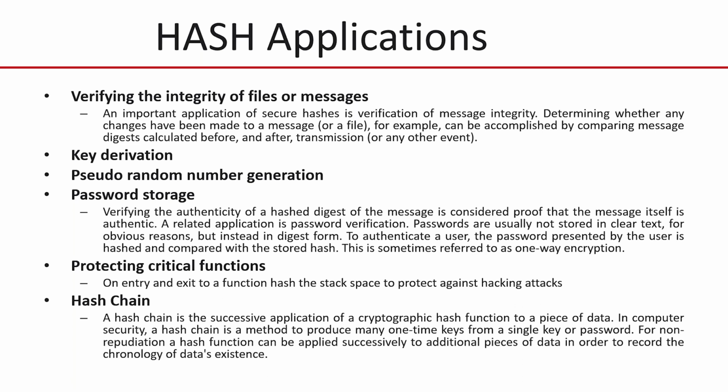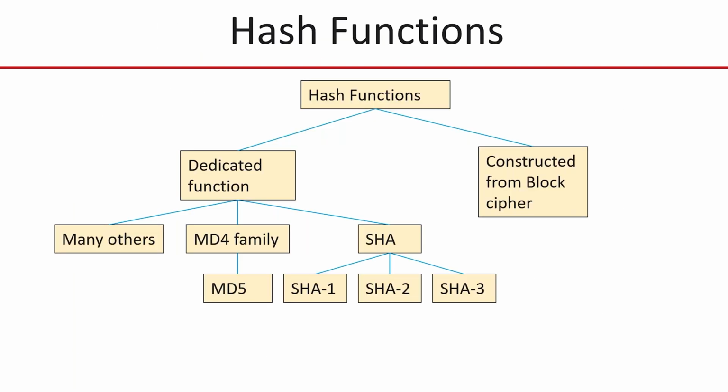For example, we can hash the stack space, run a function, and when we return, check that the stack hasn't been manipulated, to protect against software attacks. And there's also a primitive form of blockchain called a hash chain, which we can use to store data or generate one-time passwords as well.